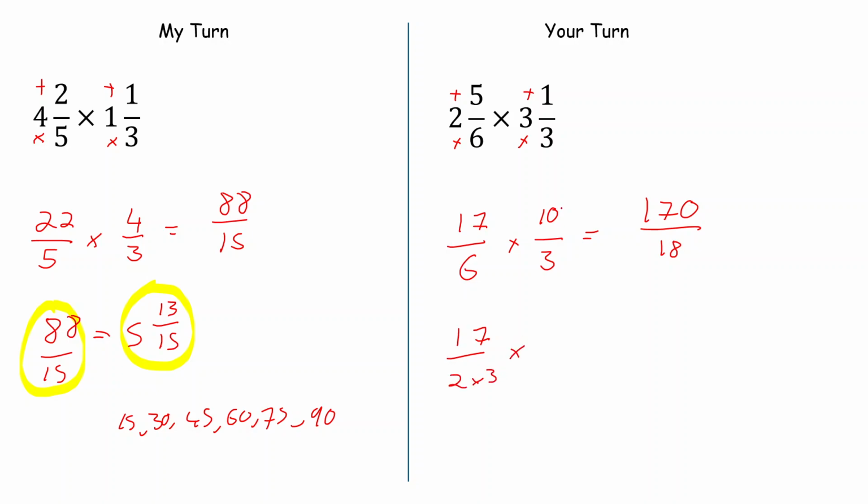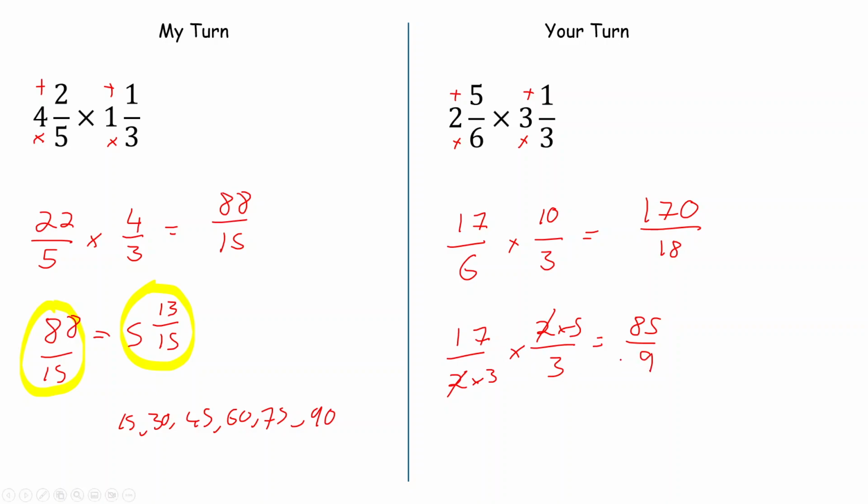I'm then timesing it by 10 over 3, which is the same thing as 2 times 5 over 3. Well, you can do some cross cancellation. You can cross out the 2's here, because they're on top and bottom, they're going to go. And it makes the calculation a little bit easier, because then you can go and do 17 times 5, which is 85 over 3 times 3, which is 9.